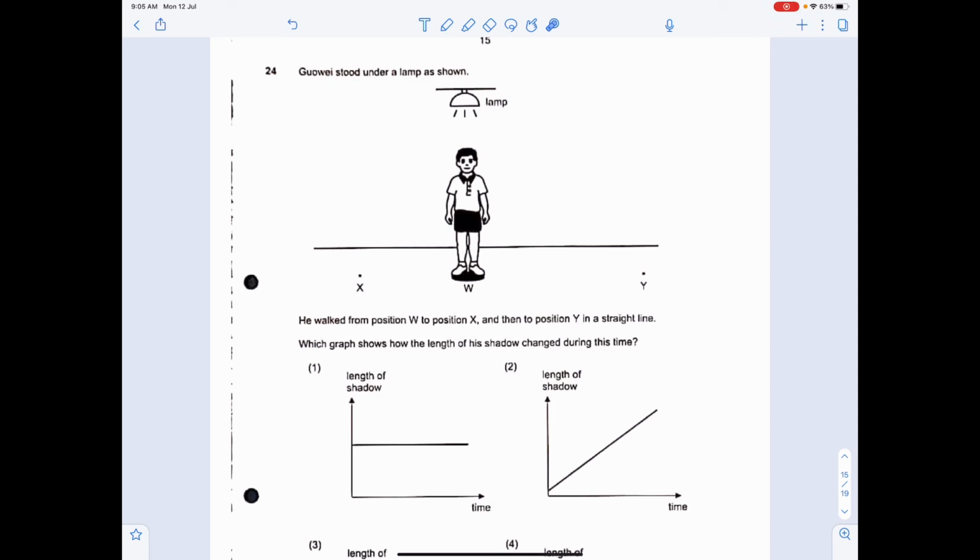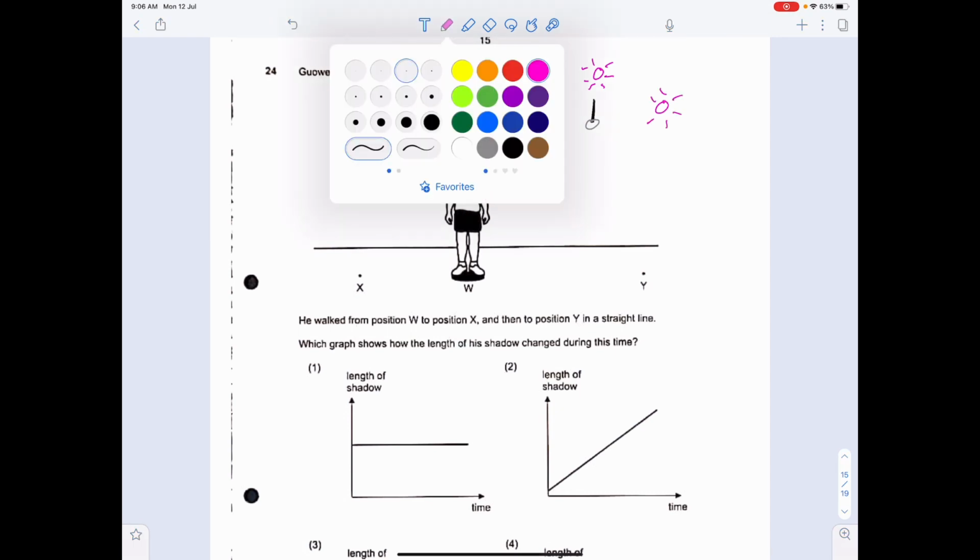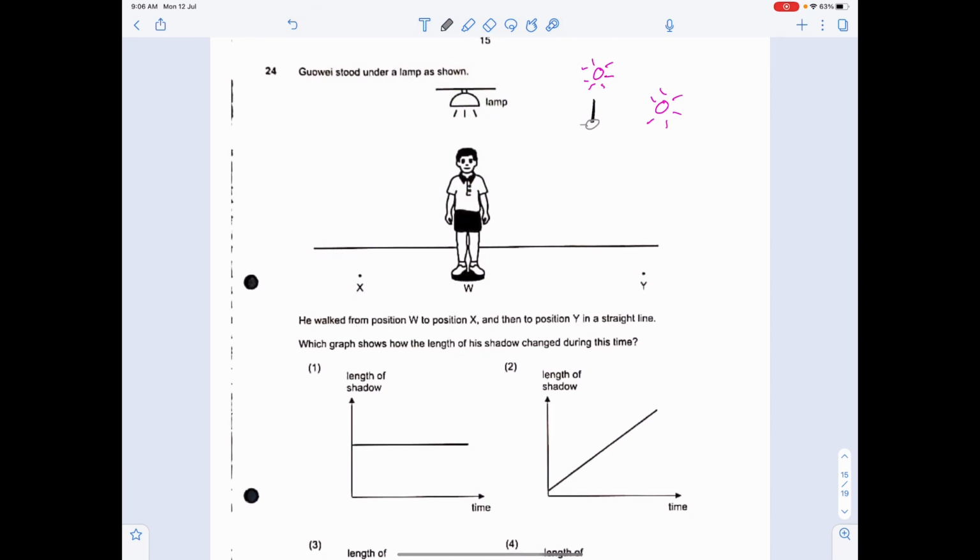So as you can see, I'm just going to draw it out. If this is the sun, and this is the sundial, I hope most of you can remember, when the sun is at overhead position, your shadow is the shortest. And when the sun changes position to a lower position, the shadow is the longest. And it's always on the opposite side. So if your sun is this side, your shadow is cast this side.